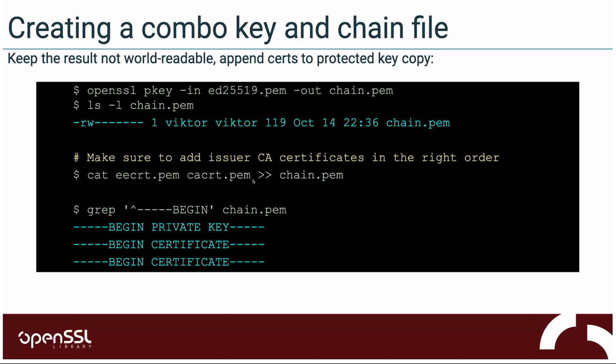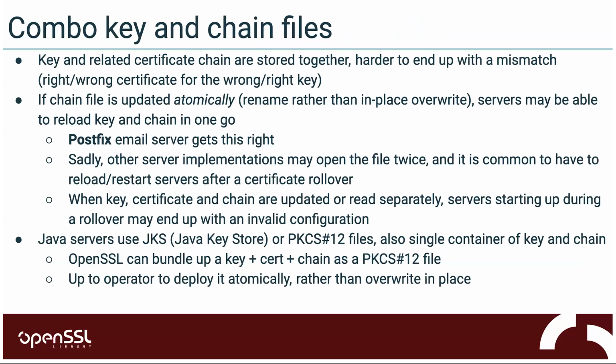So we're appending all the certificates in the right order to this file. And now if we look for these begin lines that start every PEM object in a PEM file, we'll see that this contains the private key. Our identity certificate presumably is the first one shown, and then we have the CA certificate second. All right. So why these combo files?